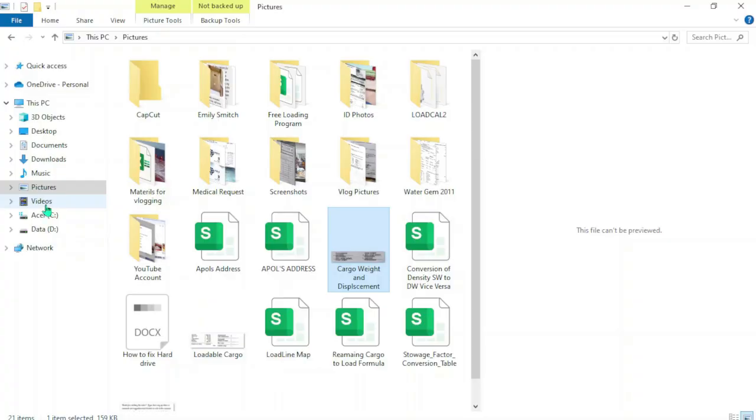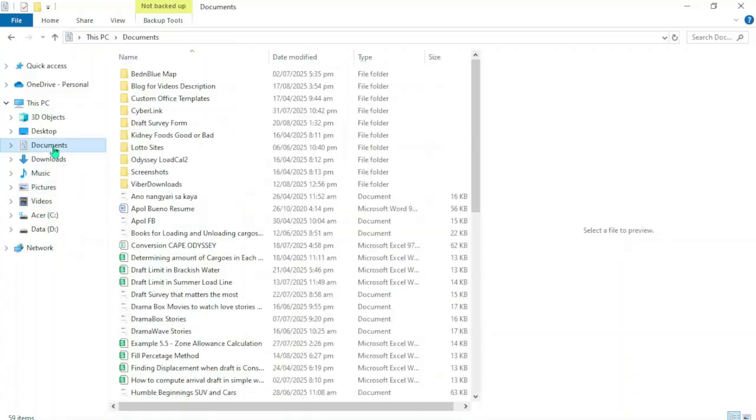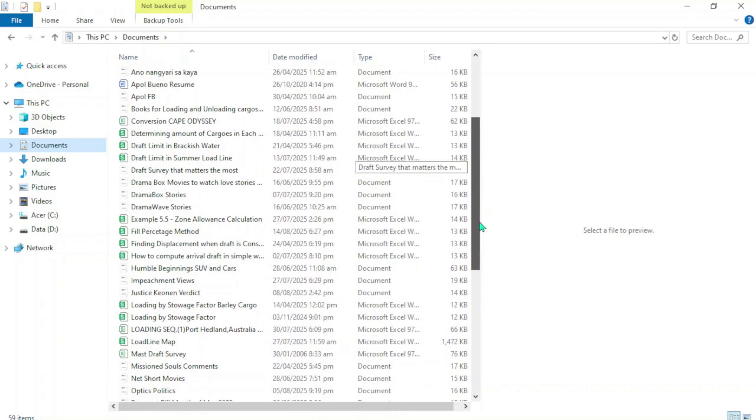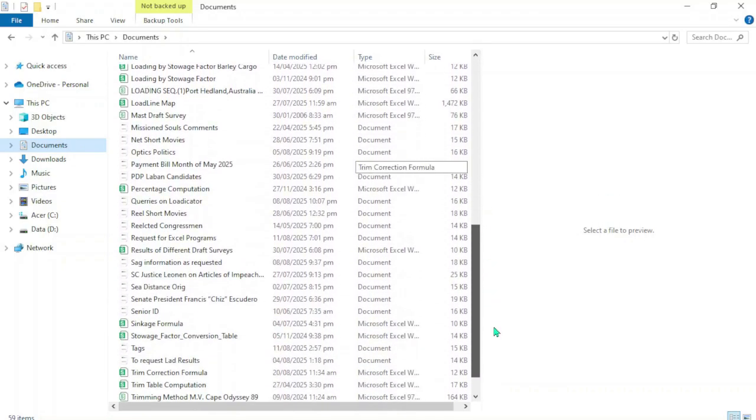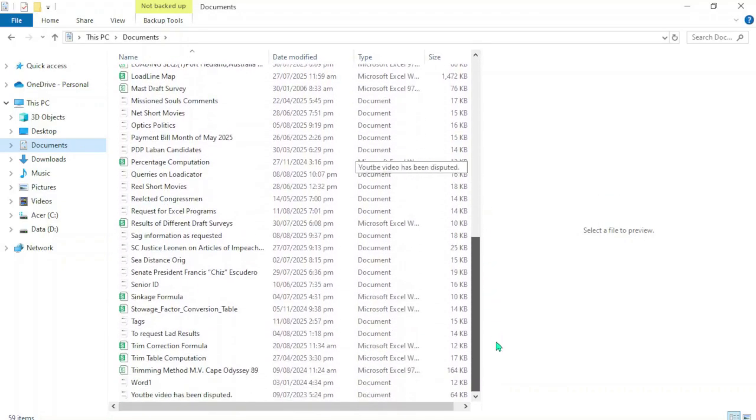Okay, we go to the documents. The remaining cargo is trim correction. Trim correction. Here. Open this one.